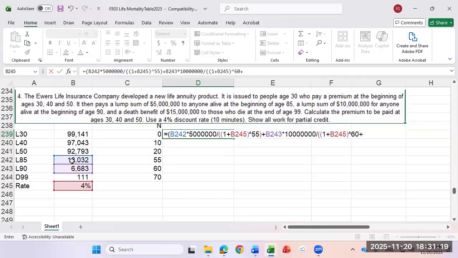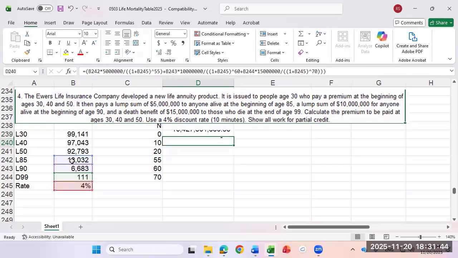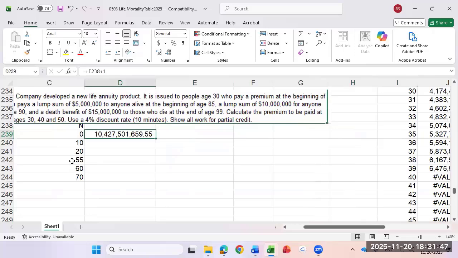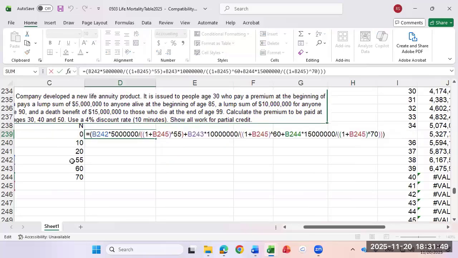So L85, L90, and then D99 times 15 million divided by 1 plus the rate. And here we're not raising it to the 69th, but the 70th. So 99 minus 30 is 69 plus 1. So there's our numerator. I hope I did it right. I don't like all those parentheses I put at the end.